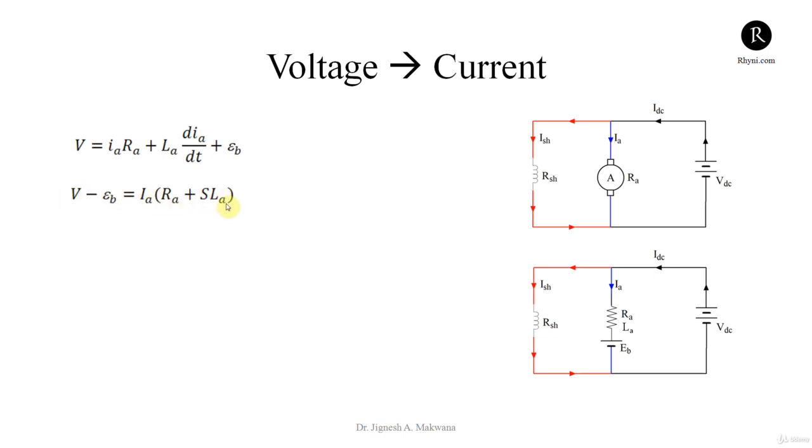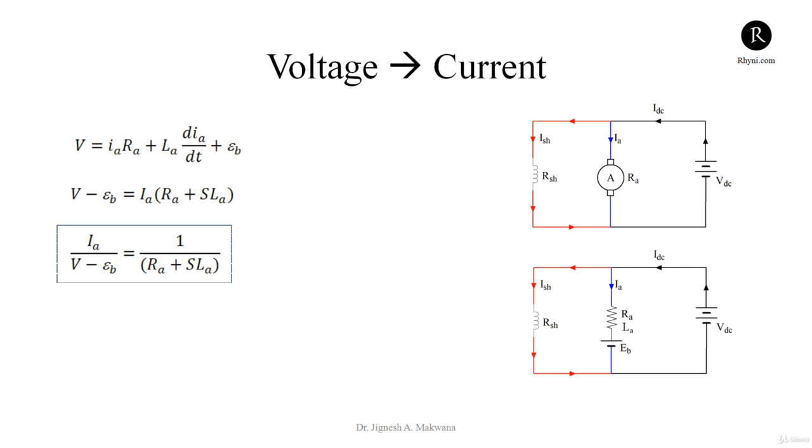Now, as I already told, we require the transfer function, output by input. So voltage produces current, so IA is the output. This voltage difference appears across the winding and is equal to 1 by RA plus S into LA. So this is the mathematical equation of our first transition from voltage to current.